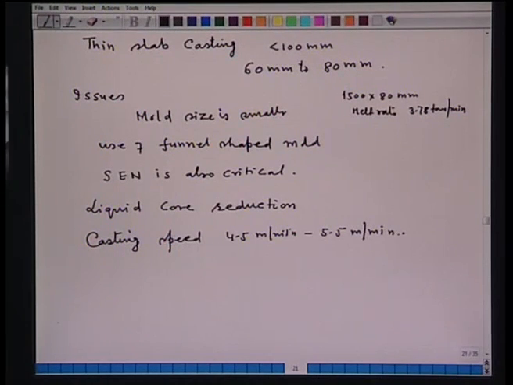Now, say entire processing in thin slab casting is completed in the hot condition. So, the strips which are produced from thin slab caster are suitable both for hot strip mill as well as for cold rolled strip because of dimensional accuracy and surface quality.